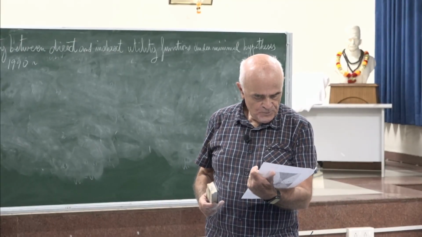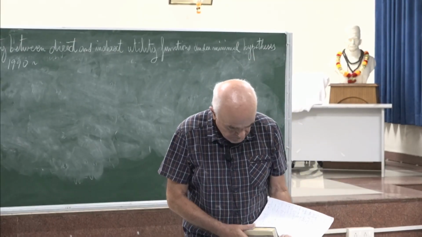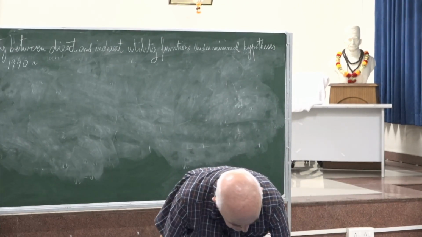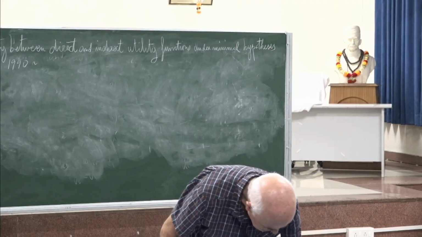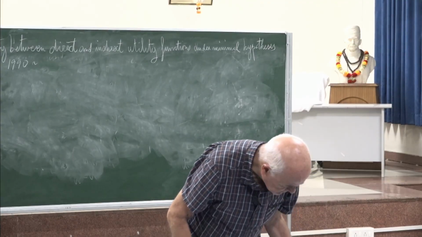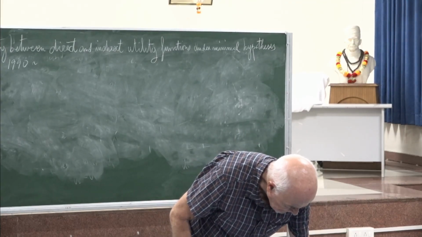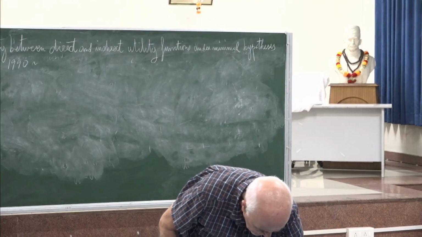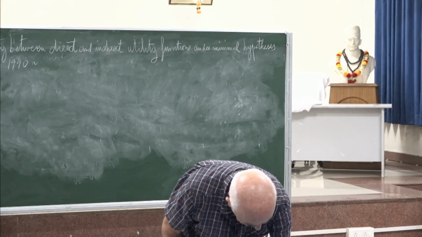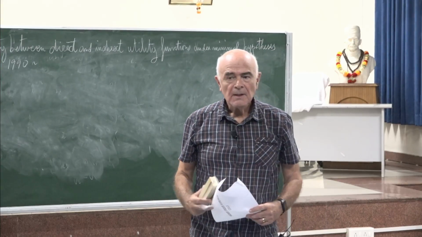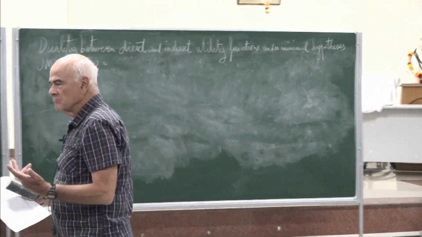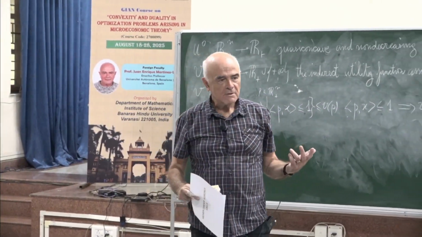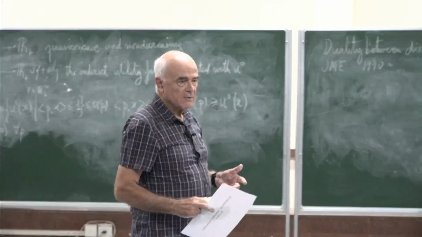Now, time for examples. In producer theory, we basically use two examples, Cobb-Douglas and Leontief.